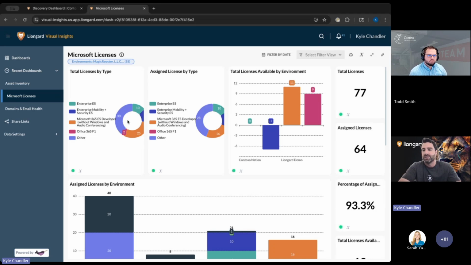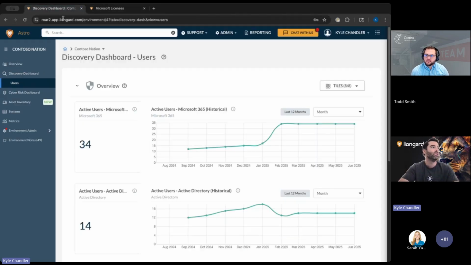They change the nomenclature all the time. The MSPs are the experts there, and they can not only talk through it, but surface it and show their customers what they're doing. You're a customer, you're questioning, saying, hey, Todd or Center, tell me what my Microsoft user count looked like in March, because you charged me for 34 users, but I think we only had 30.